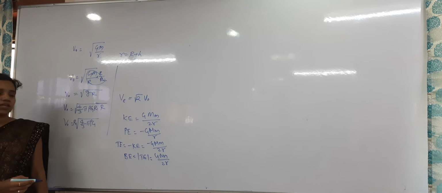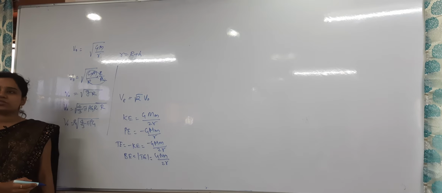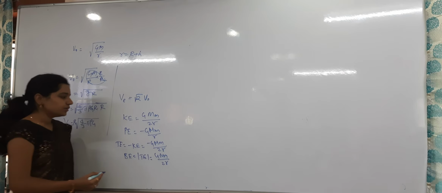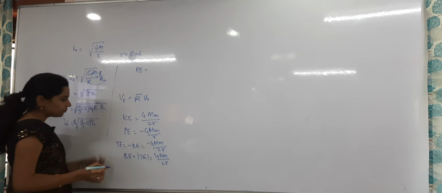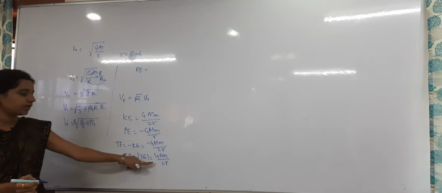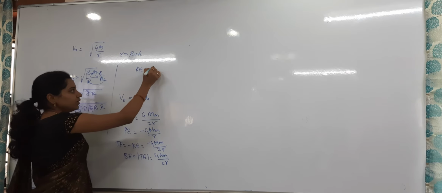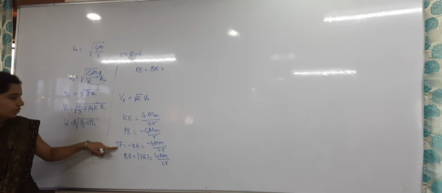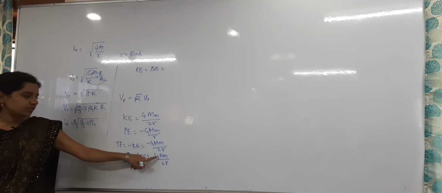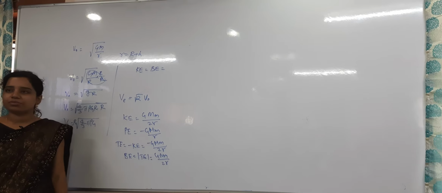And also we have seen the relation between the kinetic energy, potential energy and then total energy. So what can I write? Kinetic energy KE is equal to binding energy, KE is equal to BE. That binding energy is equal to minus T. Why? Because here GMm by 2r is there, here minus GMm by 2r is there.